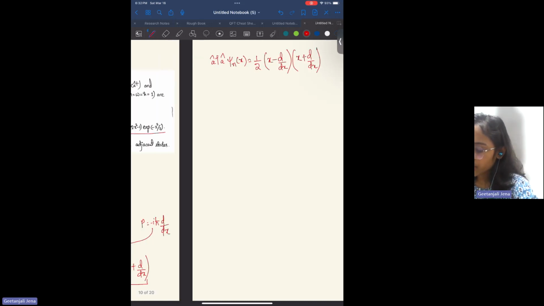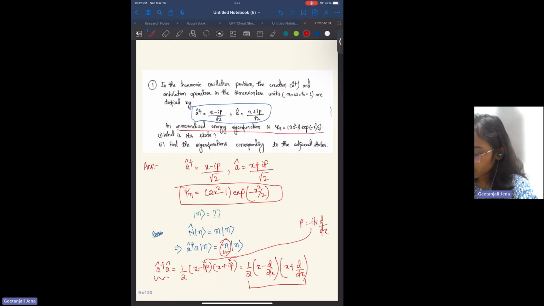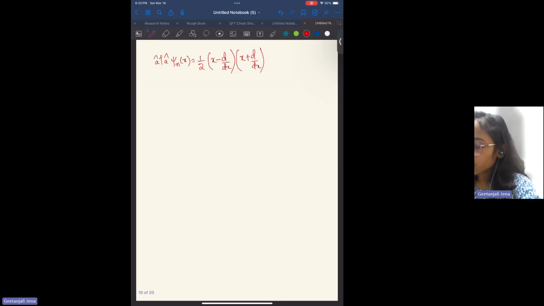The expression for psi n of x is already given, which is this: 2x square minus 1 exponential minus x square by 2. Now you just need to solve this differential operator. Okay. So what you can do, just first find out what this value is.